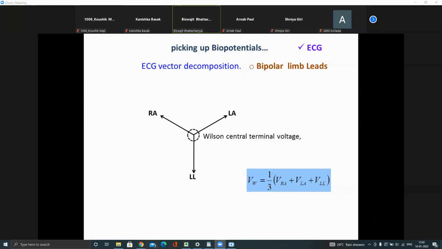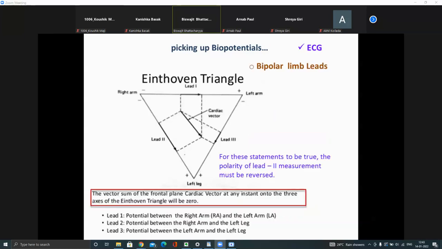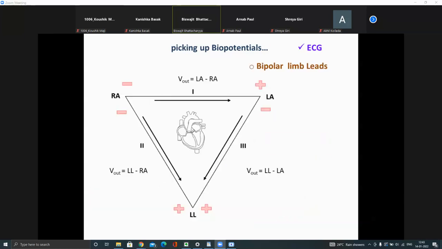Now, in another way also we can see that if this is our heart, we are getting three voltages. From the central point to VRA, central point to VLA, central point to VLL.